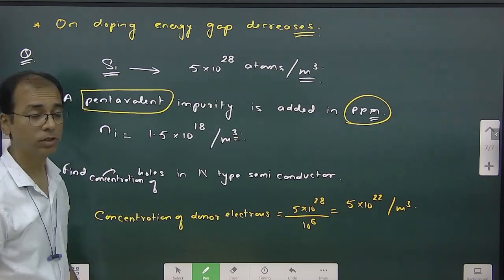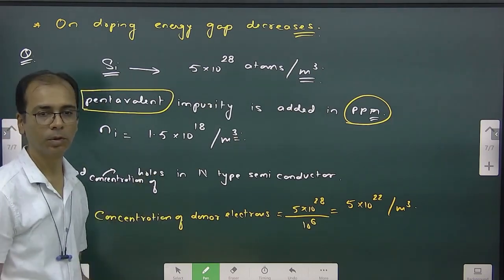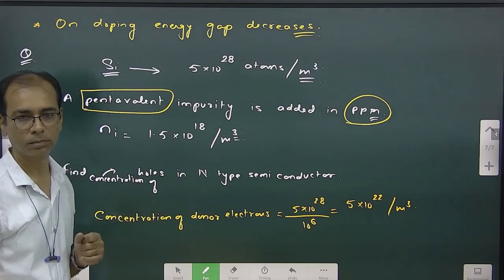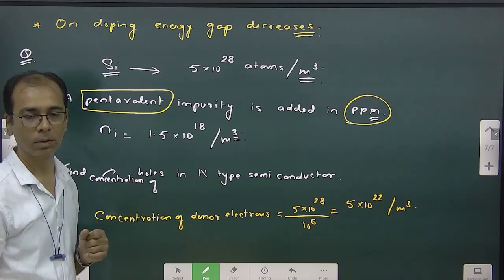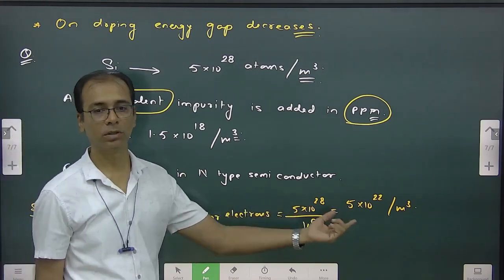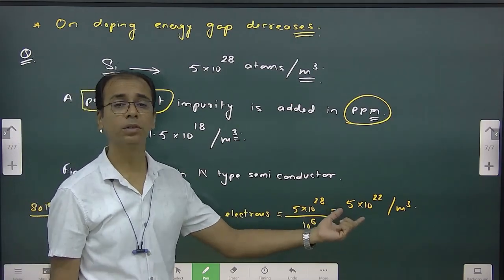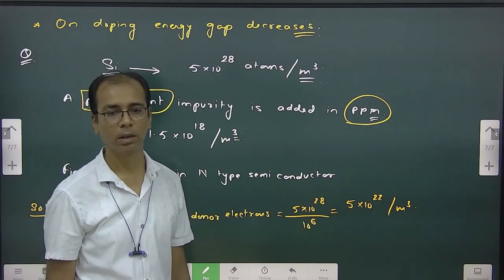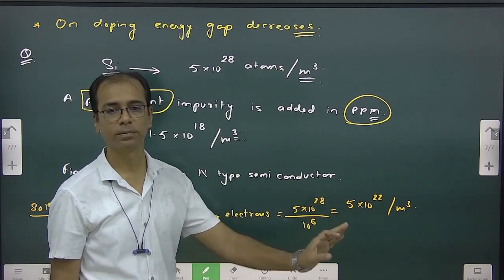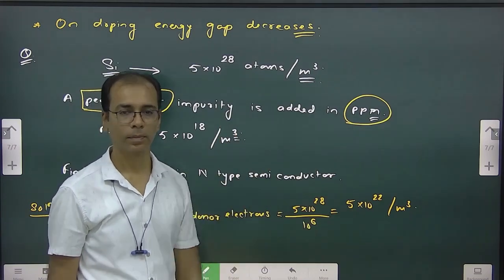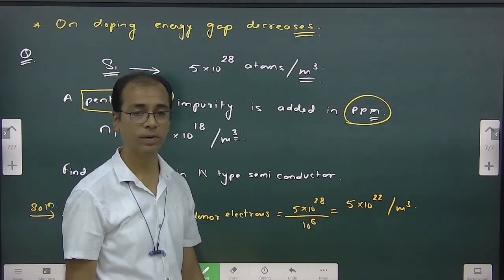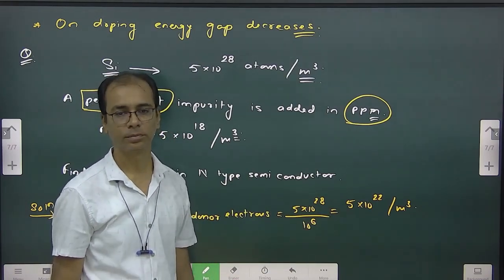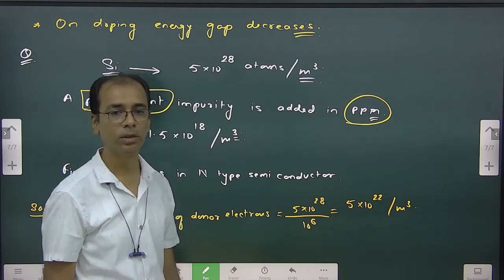How many holes are there? In pure semiconductor, there were 1.5 into 10 to the power 18. And how many electrons are there now? 5 into 10 to the power 22, which is a lot more than this. He is asking the number of holes.